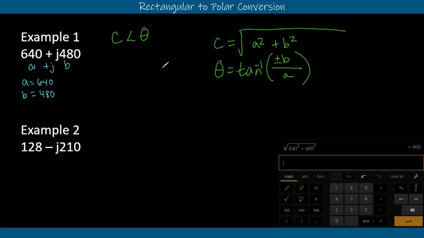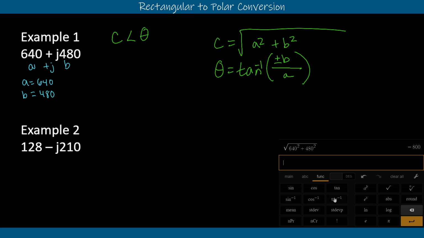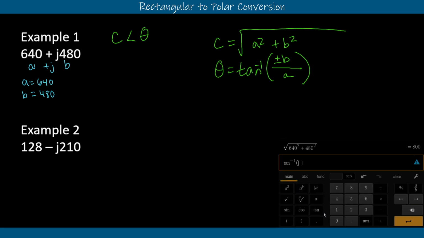We can do the next one also. We have this inverse tangent equation, so we'll go into our function. We see tangent right here, but we can't put the -1 on it there, so we can't use that one. But we can go into function and use the tangent to the -1 right here. Plug that in, go back to our main buttons, and then we have plus or minus B over A. We see that our B is positive, so it's just positive 480 divided by our A variable of 640, and that gives us a positive 36.869, which we can round to 36.9.